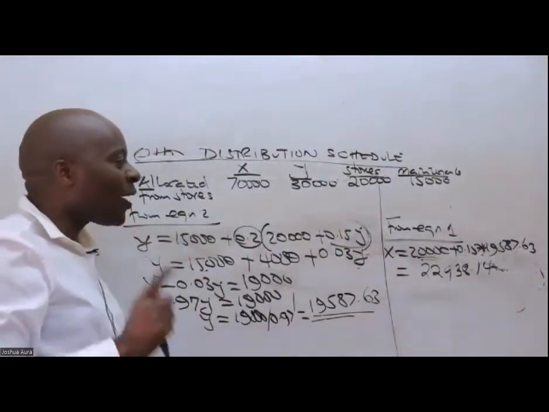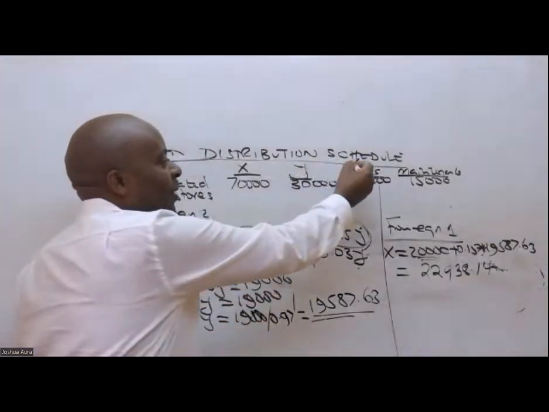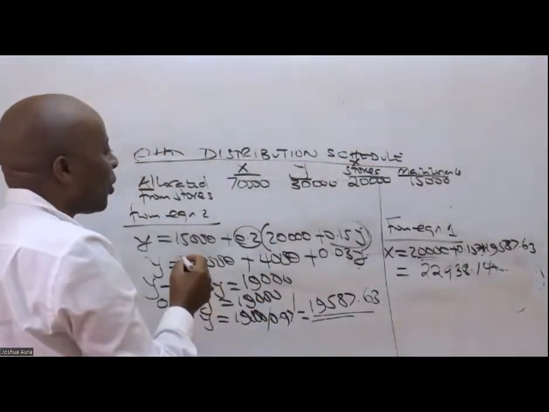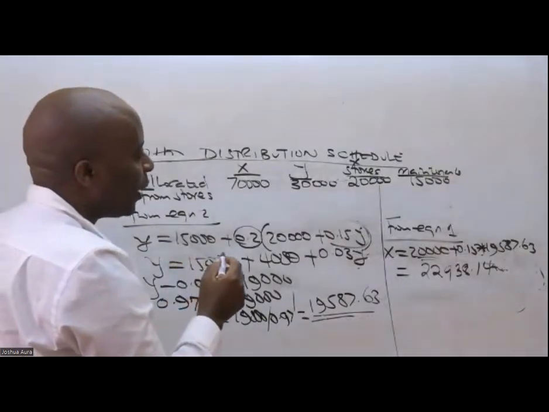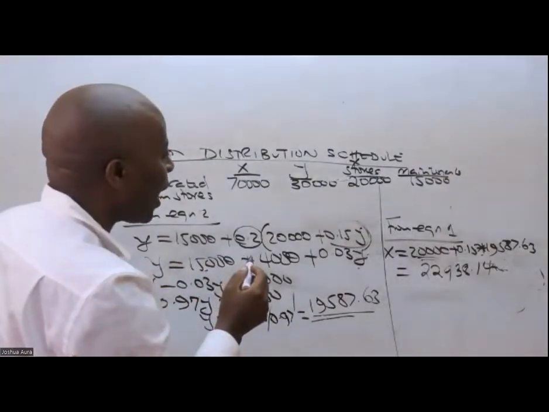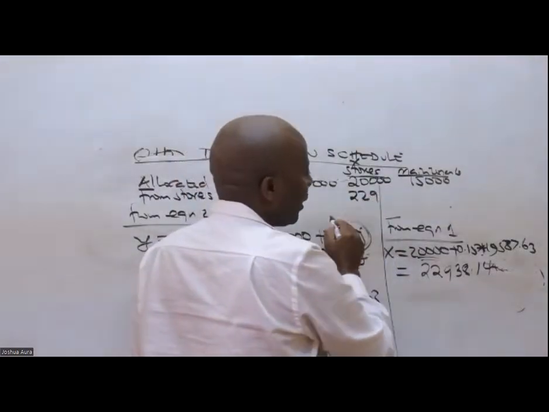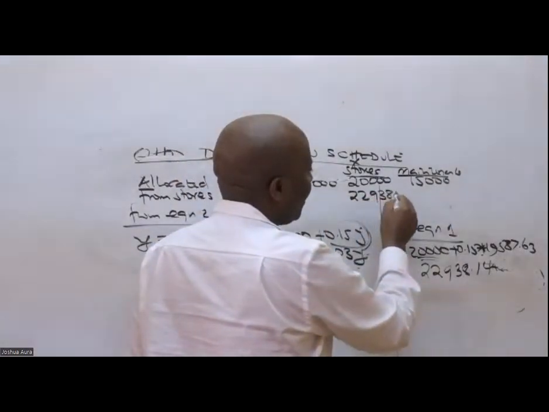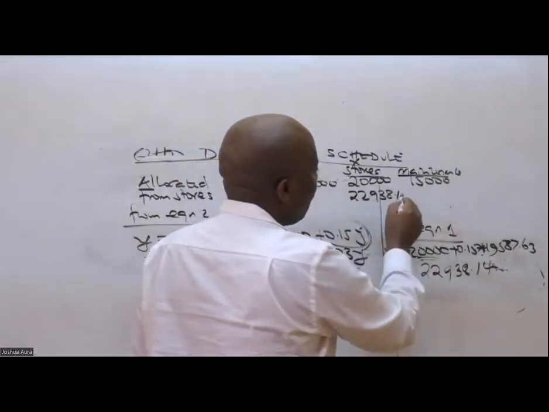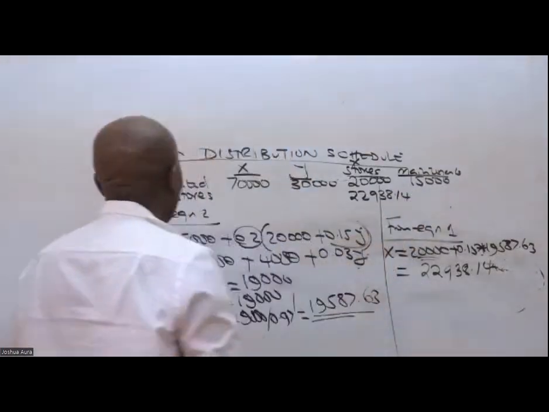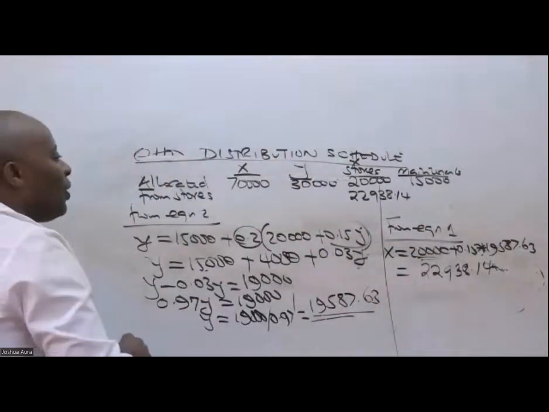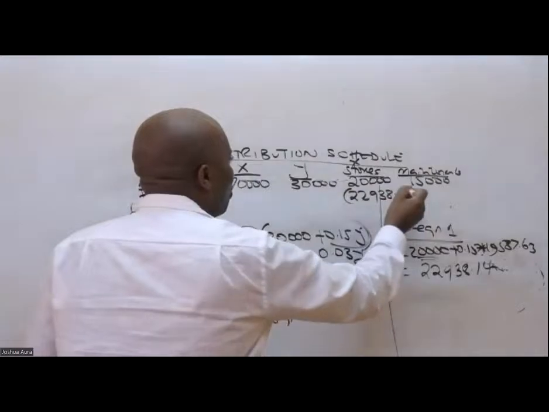The total overhead of stores was X, and we are going to remove the entire X figure, which is 22,938.14.